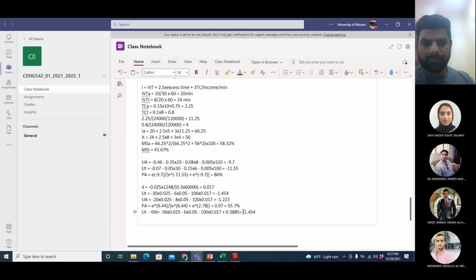How much is this value? So minus 1.454 plus 0.3885. How much? And then the new one will be calculated by just changing the value of in-vehicle travel time.